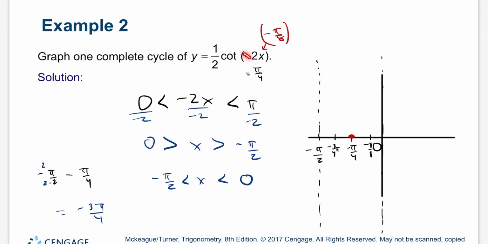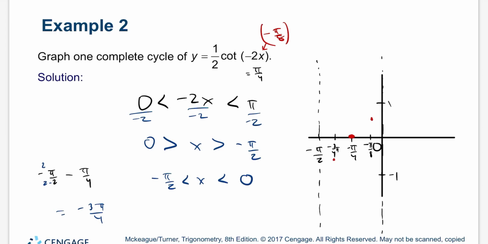Because two negatives become positives. 2 goes into 8 4 times, so you have pi over 4. The cotangent of pi over 4 is 1, positive 1. But positive 1 times a half is a half. So there's 1, there's negative 1, so a half would be right in the middle. So at negative pi over 8, we're going to go up to a half. And then at negative 3/4 pi, that would be negative a half.